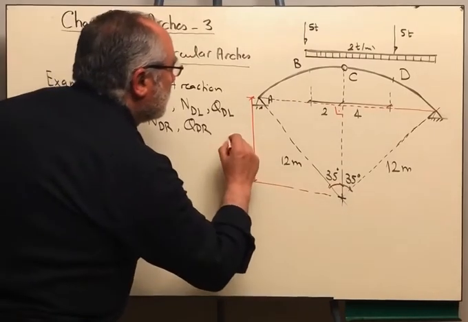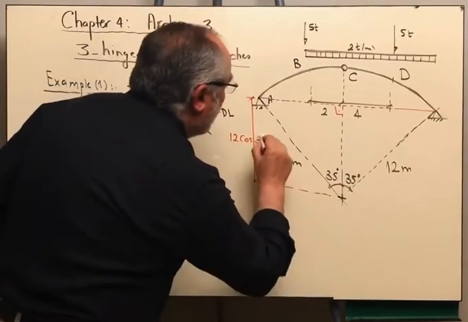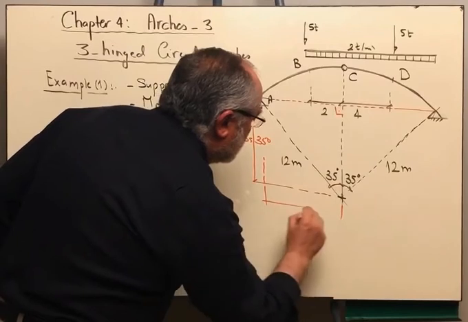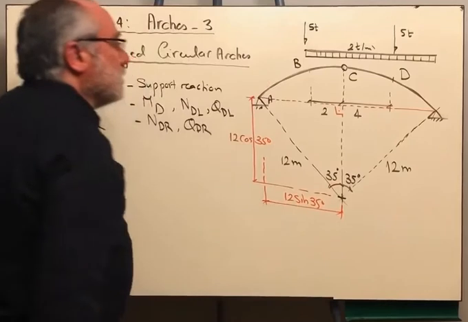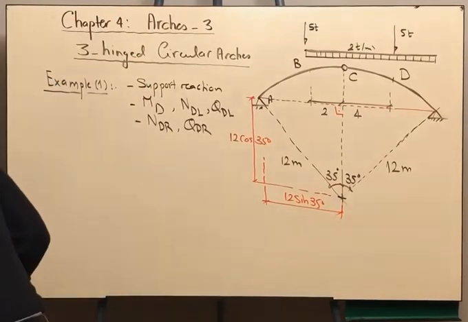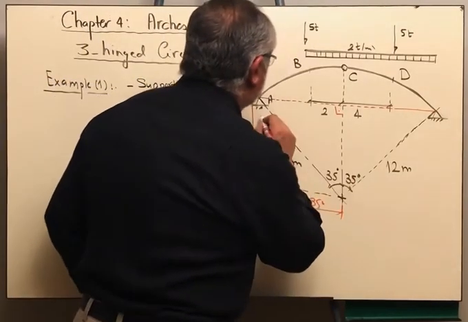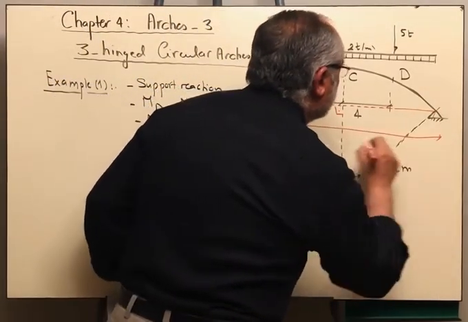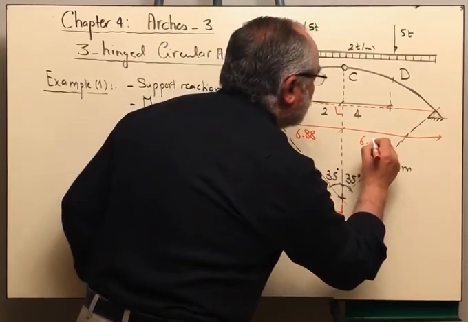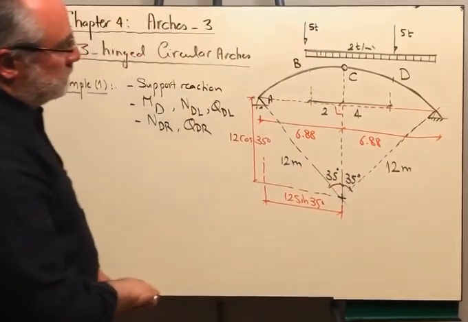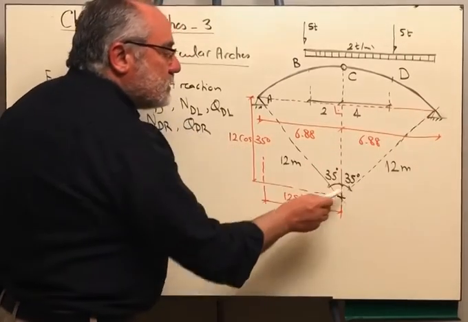So this length is 12 cosine 35, and this distance here is 12 sine 35. So if you did that, you are going to get this distance here is 6.88, and this is 6.88. Okay? Now take care, I'm not giving you anything except the radius and the angle subtended.